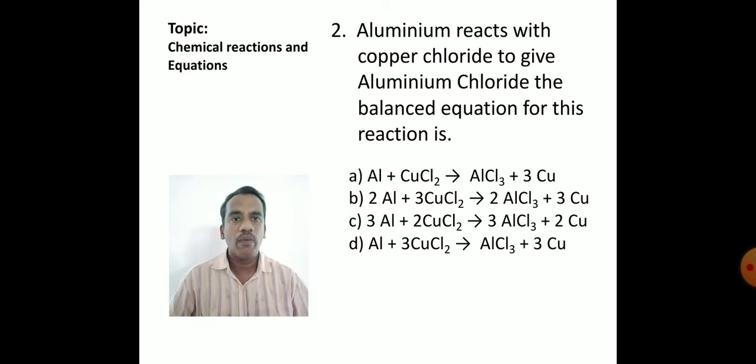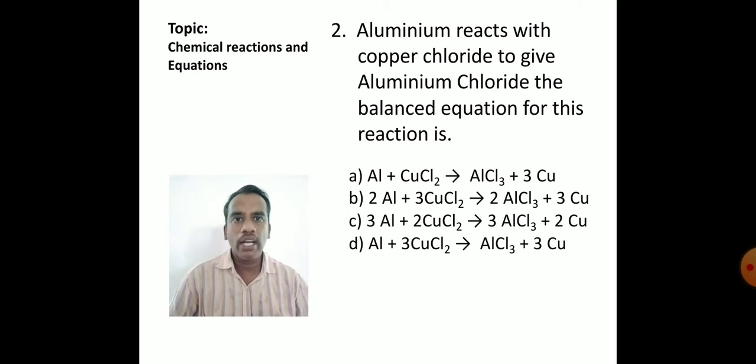On the reactant side we got 2 aluminiums and the number of moles of copper chloride is 3. On the product side you can observe 2AlCl3. We had already discussed that 1 aluminium will combine with 3 chlorines. In this case, how many aluminiums do we have on the reactant side? 2 aluminiums. So 1 aluminium combines with 3 chlorines, 2 aluminiums will combine with 6 chlorines.